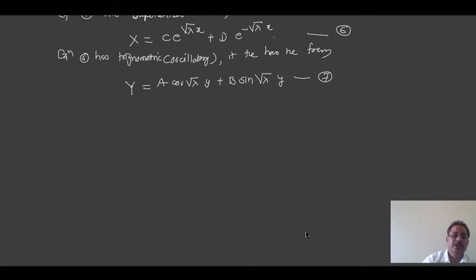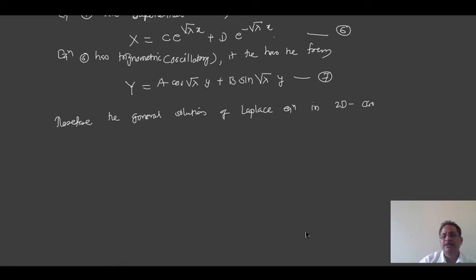Therefore the general solution of the Laplace equation in 2D Cartesian coordinates. We have already assumed that the solution psi is a product of capital X of small x and capital Y of small y.